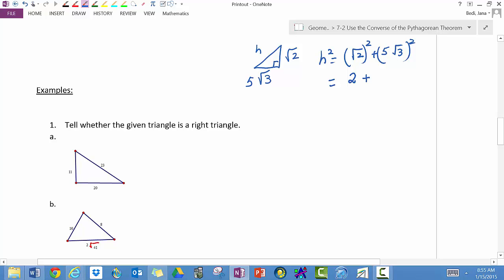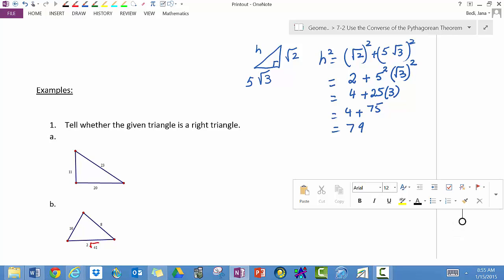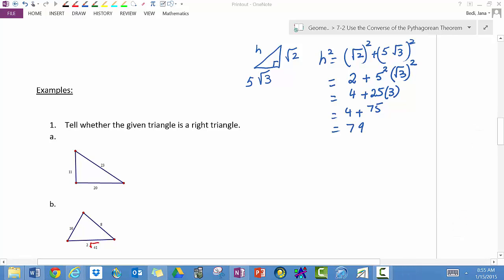Here, there is a number in front of the root, so 5 root 3 squared is 5 squared times root 3 squared. 5 squared is 25, and root 3 squared is 3. And that gives us 75, and this is 77. So h squared is 77, and h can be found by taking the square root of both sides.